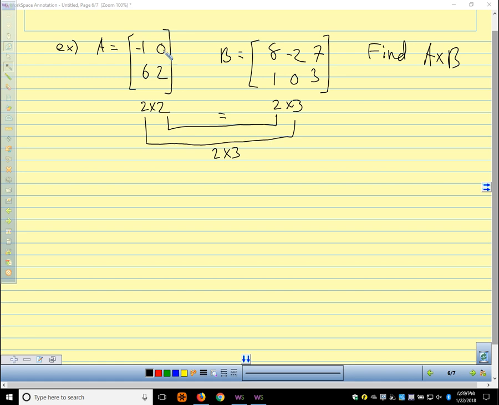So we're going to multiply the rows of A by the columns of B. So the number in the first row, first column: -1 times 5 plus 0 times 1.